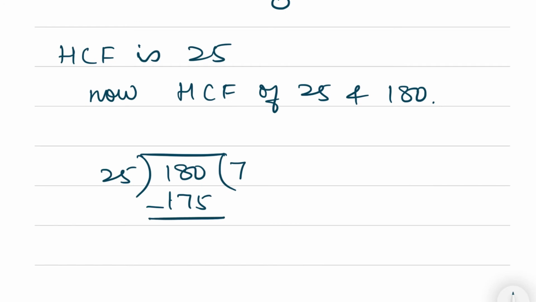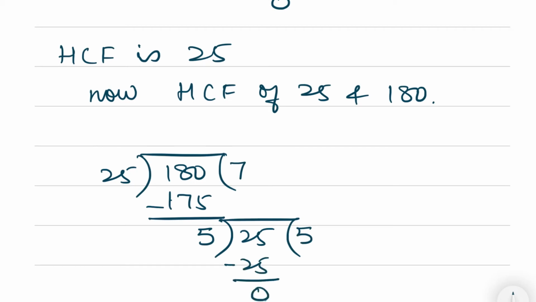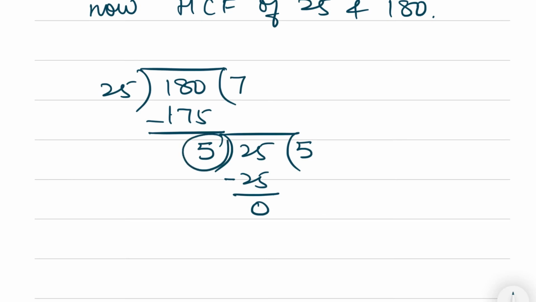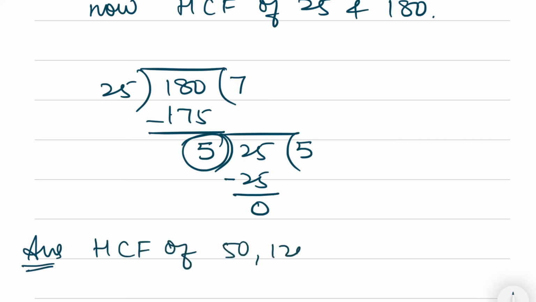Subtracting, here we get 5. 25 becomes the dividend, and 5 times 5 is 25. Subtracting we get 0. So 5 is the HCF. So the answer I can write down as: HCF of 50, 125 and 180 is 5.